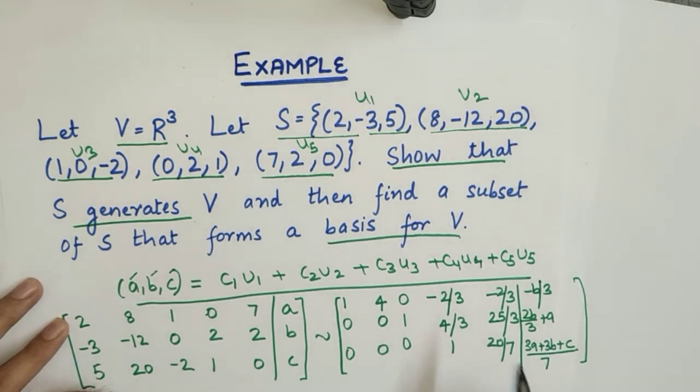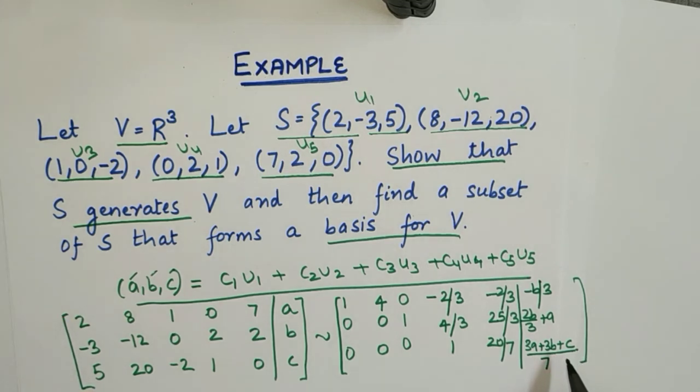This is not RREF, this is the echelon form, and from this echelon form it was clear that this system is consistent for all the values of A, B and C. Now since the system is consistent for all the values of A, B and C, that means that S generates V. Now further, we were supposed to find a subset of S that forms a basis for V.